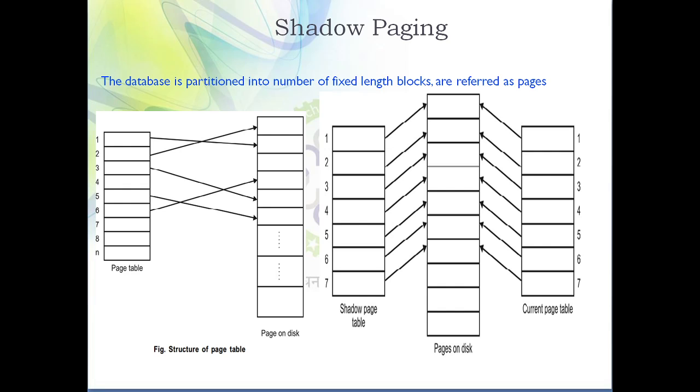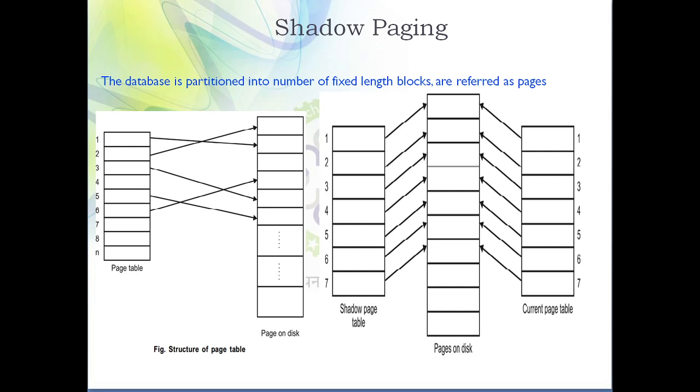I can say that the copy which is present in the secondary memory is the shadow page table, and the copy which is present in the main memory is treated as the current page table. So I am making changes in the current page table, and once I click on the save button, all the changes from the current page table are transferred to the shadow page table. So we try to correlate the concept of shadow paging in the case of a database.